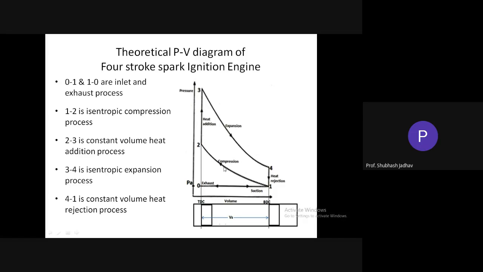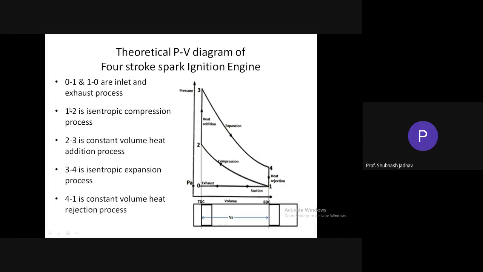It is slowly rising. As the piston moves more and more towards top dead center, the pressure line moves up, and it will reach over here when the piston reaches top dead center. This particular process is what we call the compression stroke.